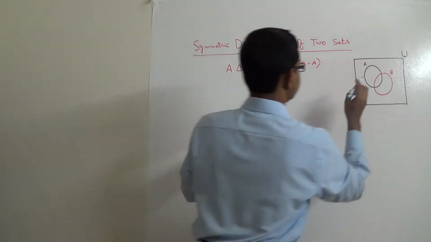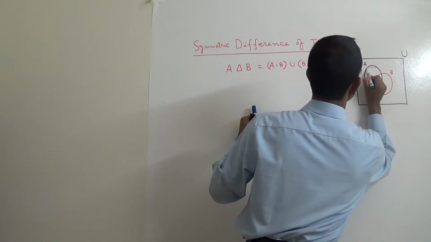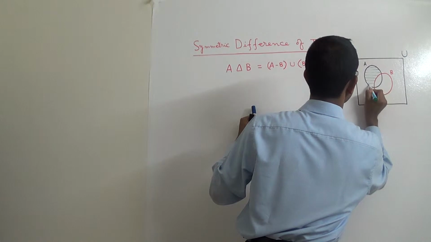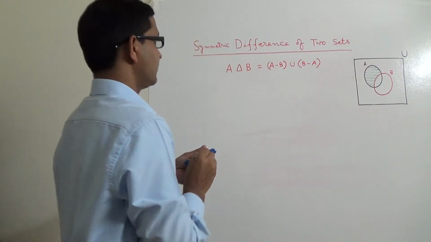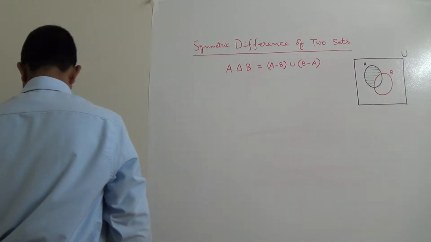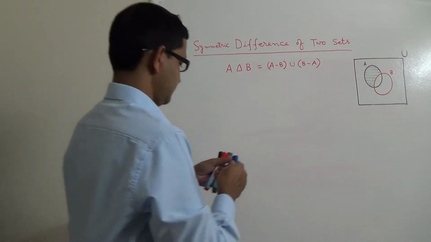A minus B is this part. And what is B minus A? B minus A is this part.